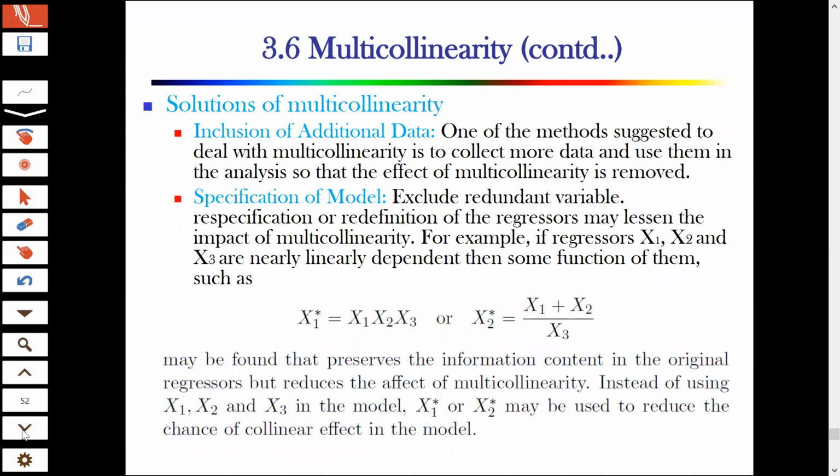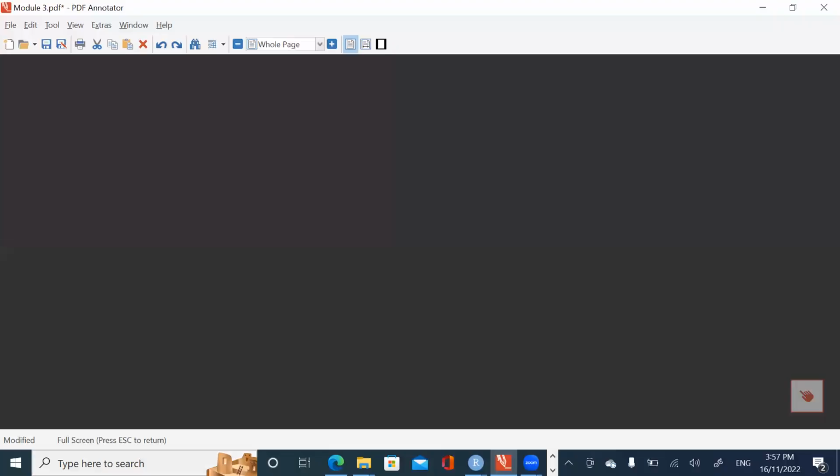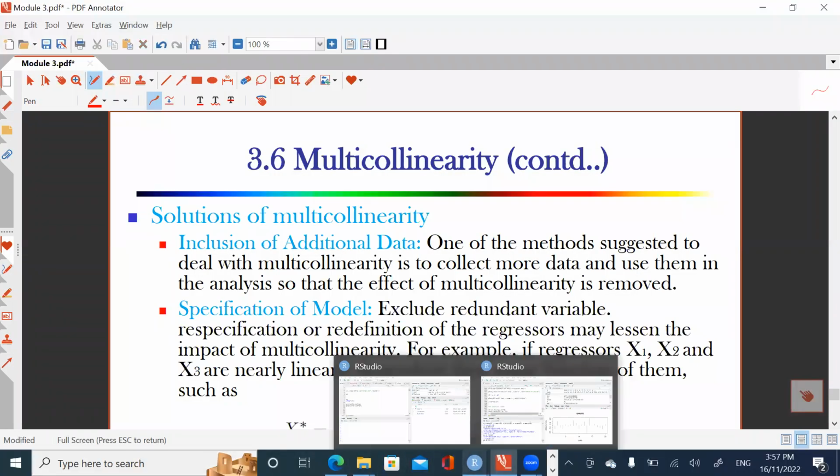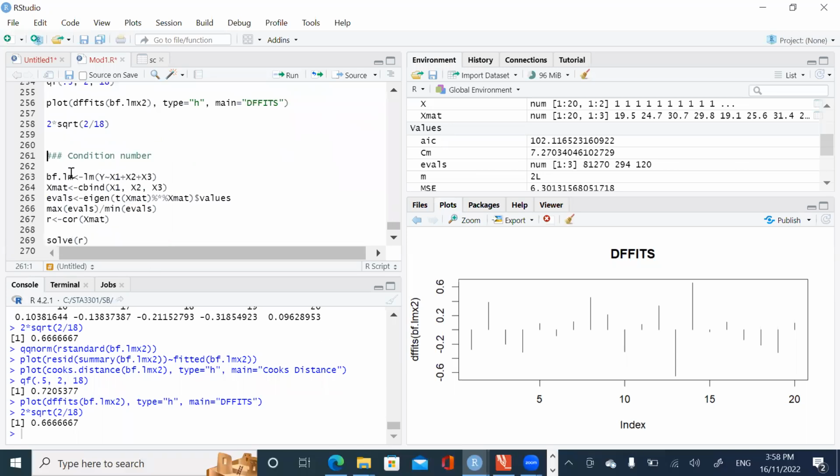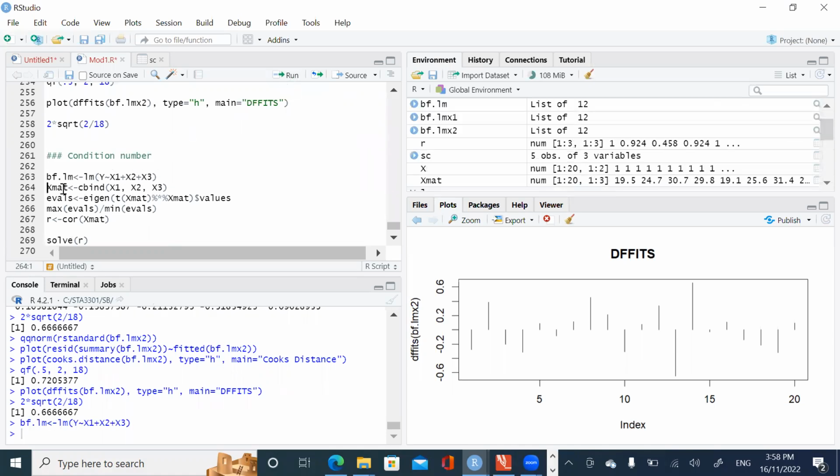Multicollinearity. So if I go back to my R, I should have example 1. Yes, condition number. Let's say our model includes 3 variables, x1, x2, and x3, and this is our X matrix, the cbind of x1, x2, x3.